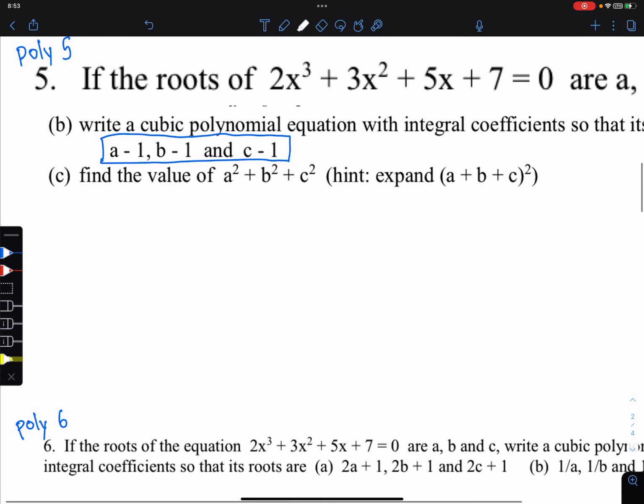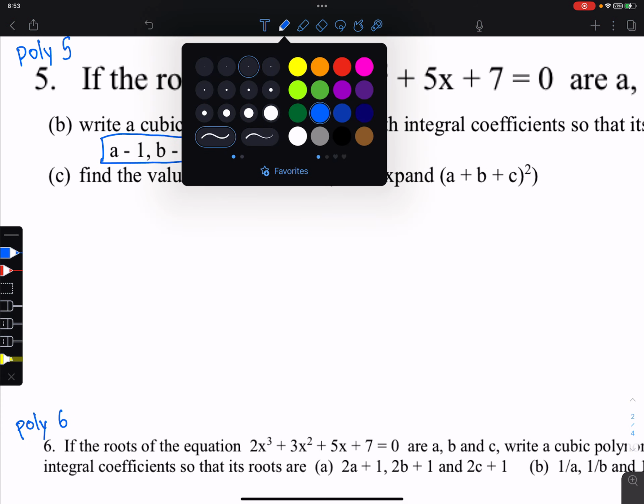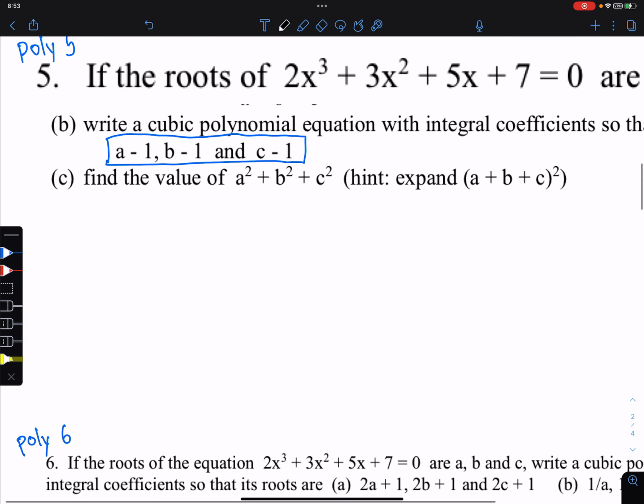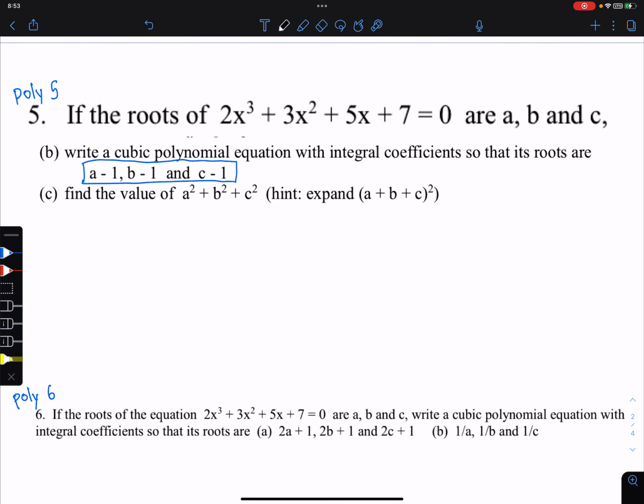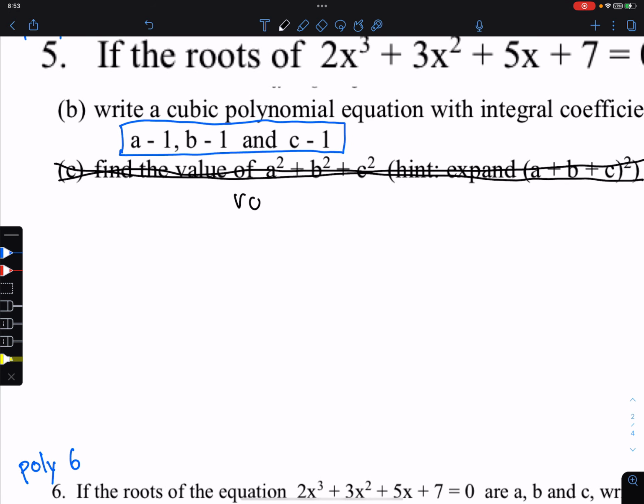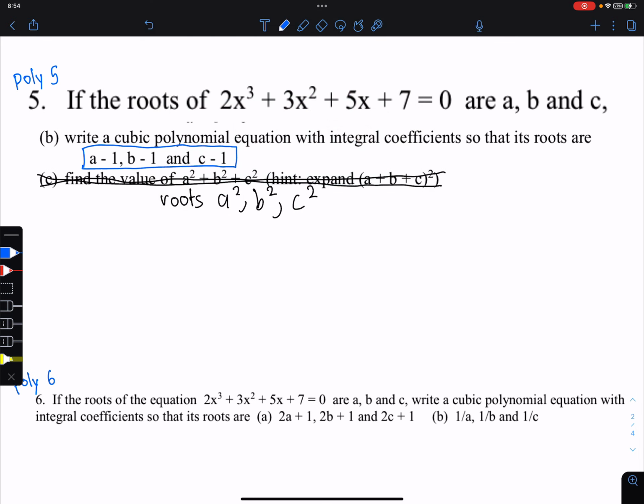So, for C, instead of finding the value of a squared plus b squared plus c squared, I'm going to make this roots a squared, b squared, and c squared to make a better example.